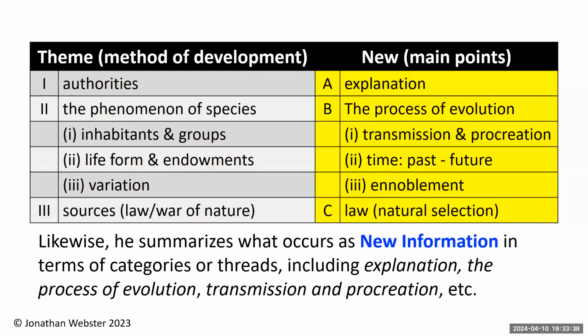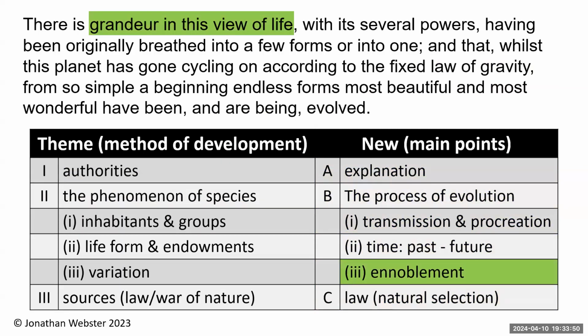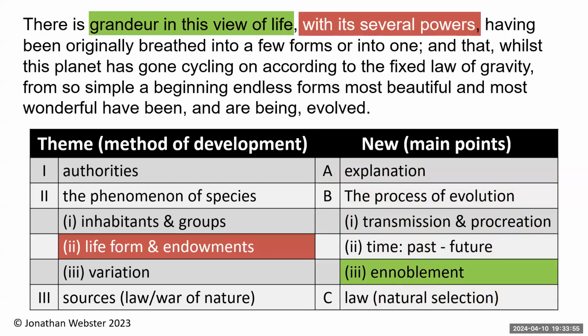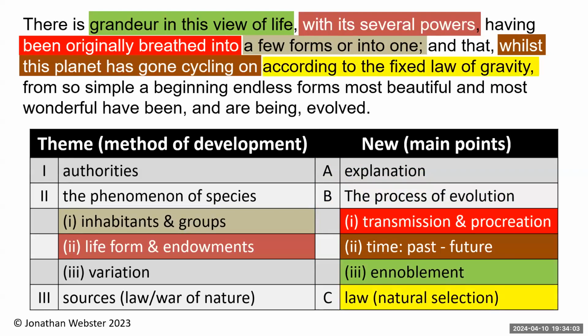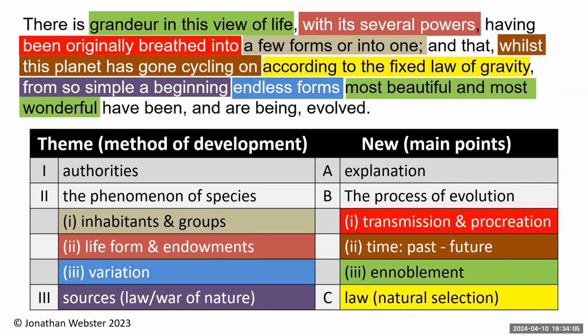Where does new information occur? Toward the end of the clause, right? So he went through the whole text, looked at theme, looked at new information. And he identified how, in that final sentence, what was so special about it was that it brought together all of the various ideas that were expressed as theme or new information. The last sentence combined everything that had been developed throughout the text itself.